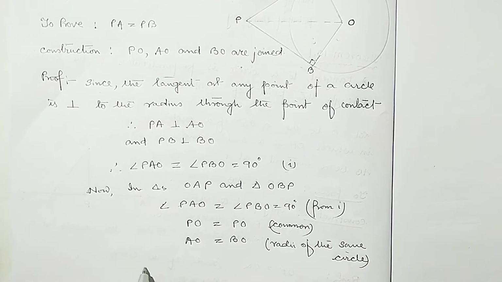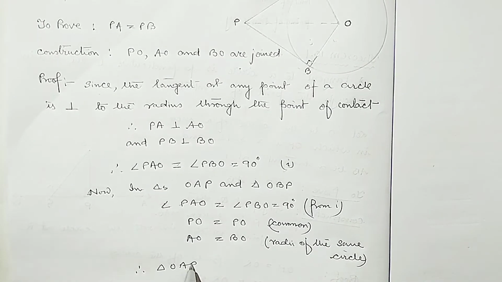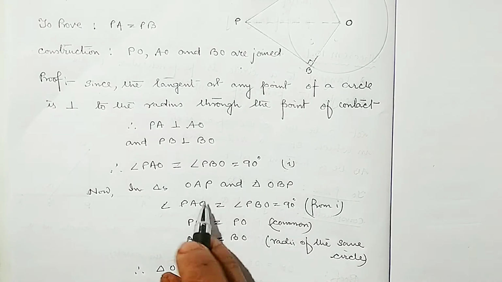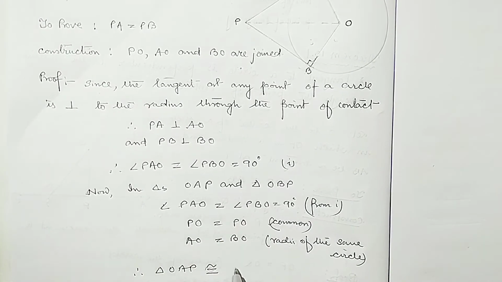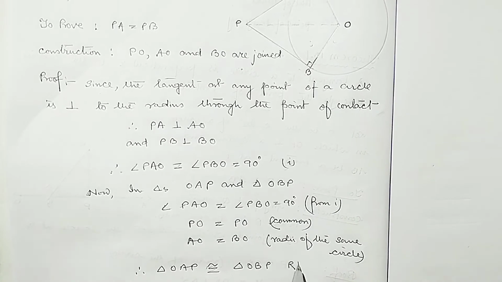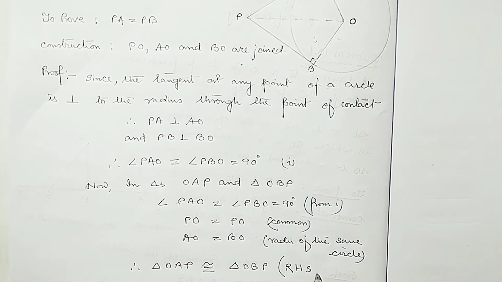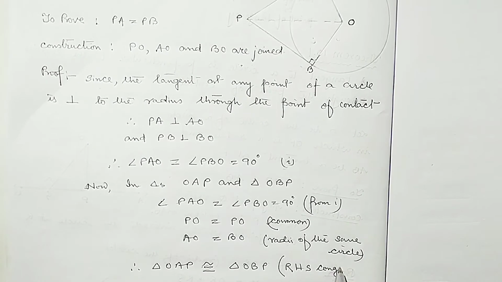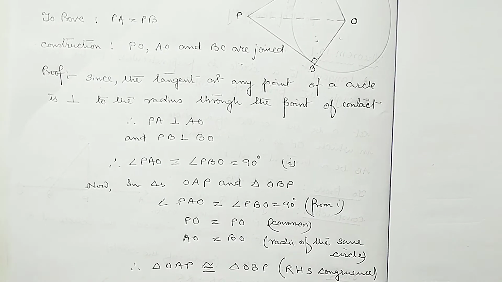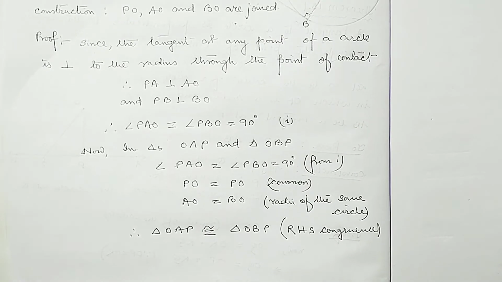Okay, therefore we can write, triangle OAP is congruent to triangle OBP by right angle hypotenuse side congruency. You can write by RHS congruence. And we know when two triangles are congruent, their corresponding sides must be equal.